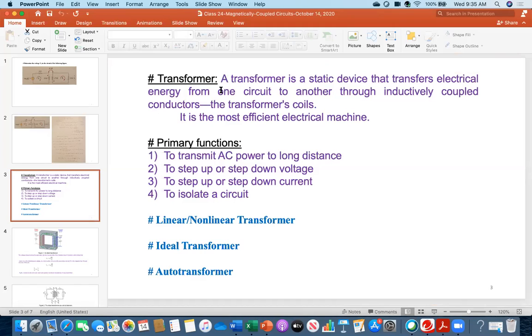And what is that? The transformer is the best example of the magnetically coupled circuits that we are discussing in this class, an application of magnetically coupled circuits. And you all know that this is called the heart of the system.